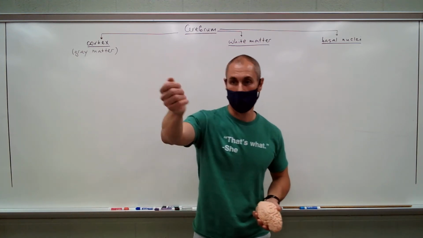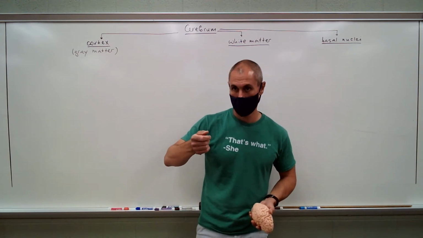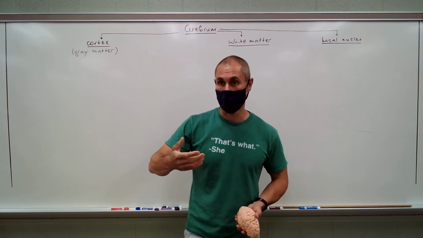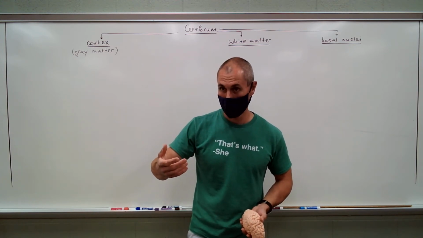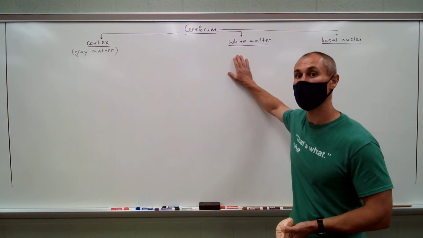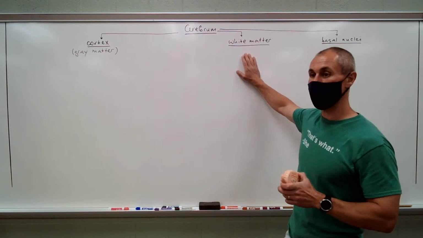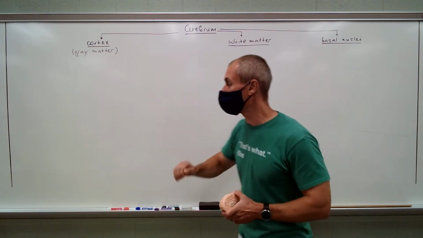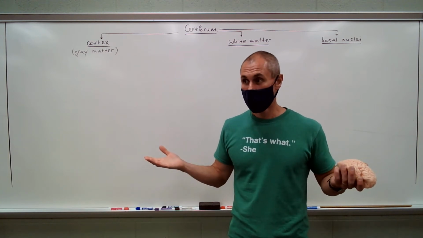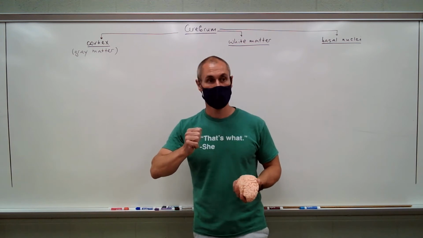We need to put in insulation. Yes, we need to insulate it with a myelin sheath. Myelin is white. So what do you think white matter consists of then? Axons. So if axons transmit the signal, what is the function of white matter? Transmit the signal, yes. Communicate.